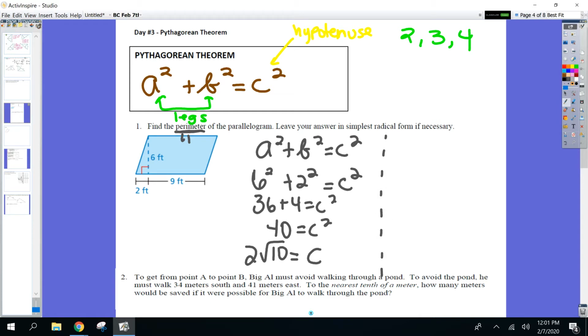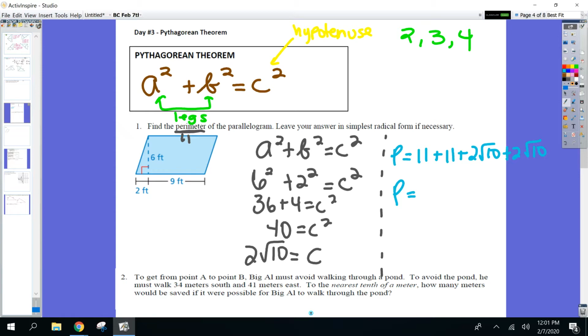Here we go, perimeter now. One side, 11, second side, 11, third side, 2 radical 10, fourth side, 2 radical 10. All right, another quick review lesson in radicals. You cannot combine all 4.